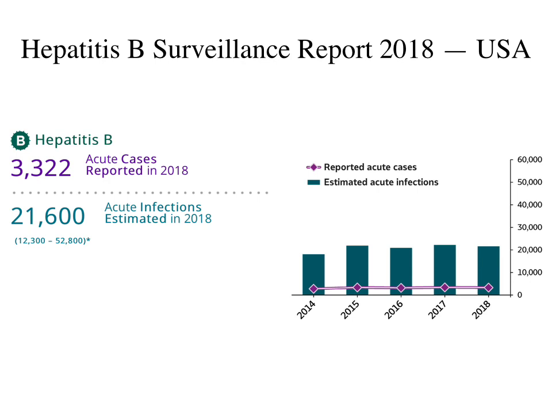After adjusting for case under-ascertainment and under-reporting, the reported case count corresponded to a rate of 1.0 cases per 100,000 population.